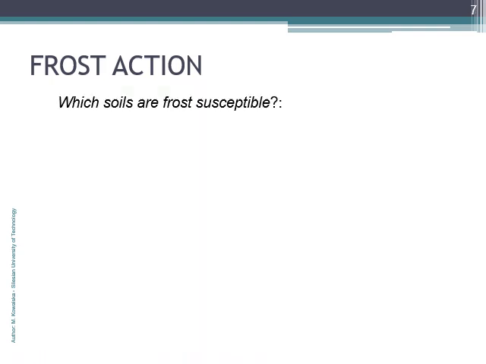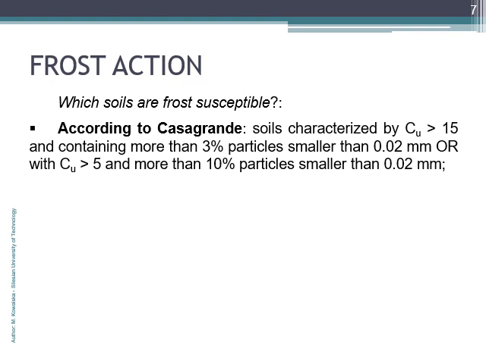Now, which soils are these frost susceptible soils, or frost heaving soils? There are various definitions. For instance, according to Casagrande, these are the soils characterized by Cu greater than 15, so the coefficient of uniformity greater than 15, and containing more than 3% of the particles smaller than 0.02 millimeters, or with Cu greater than 5 and more than 10% particles smaller than 0.02 millimeter.